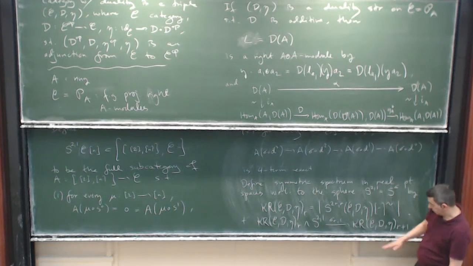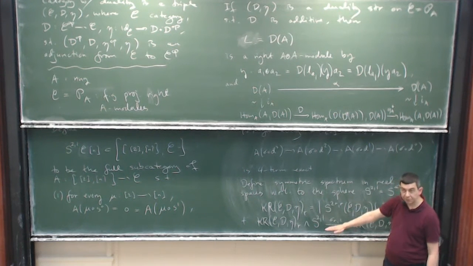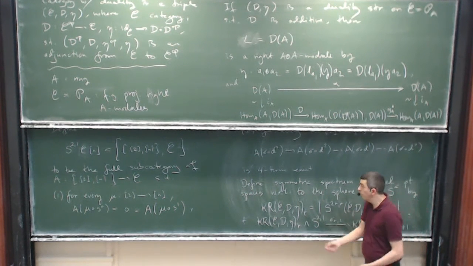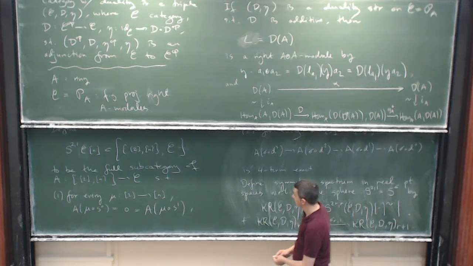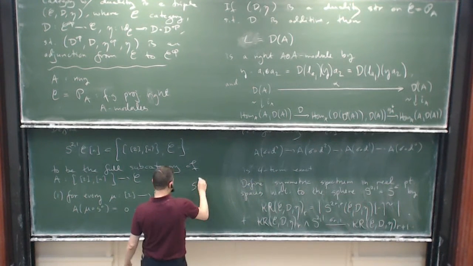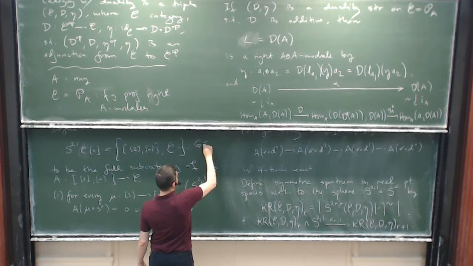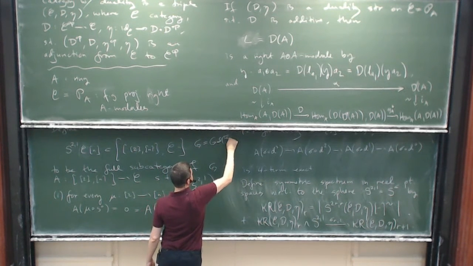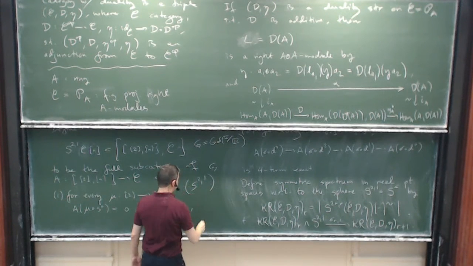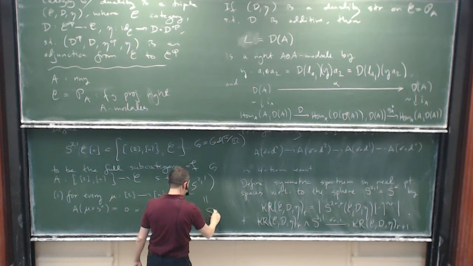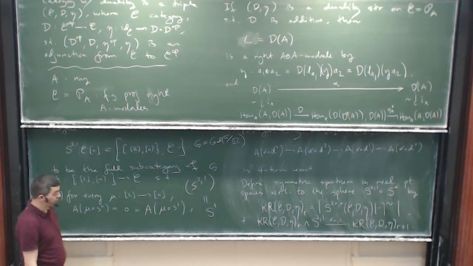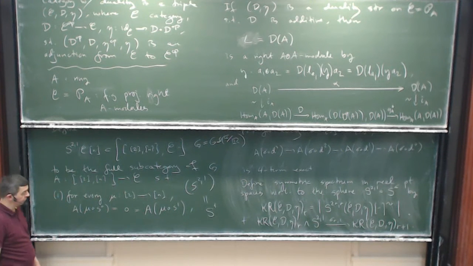What matters is that when we take fixed points, the fixed points in this sphere, this is the one-point compactification of the real numbers, so it's a one-sphere.